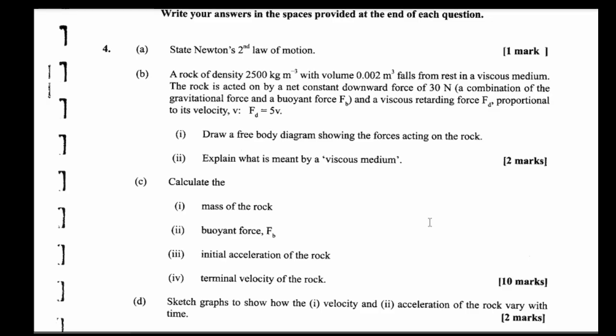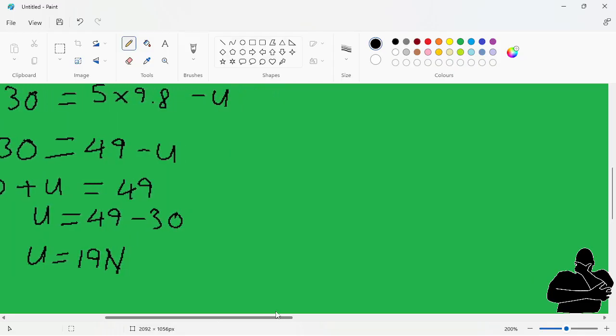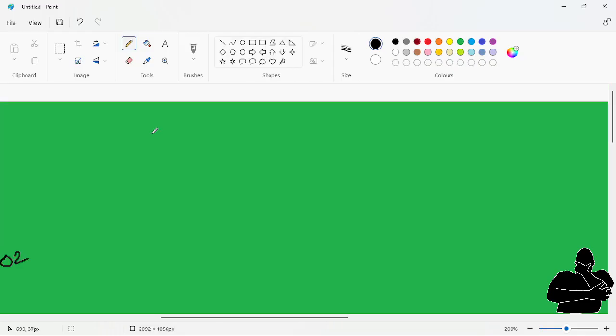Now we need to find the initial acceleration of the rock. To do that, we consider that the acceleration of the rock initially is more than likely going to be a result of just the downward force that is acting on the rock, because the viscous force, which is proportional to the velocity, is going to be very small.